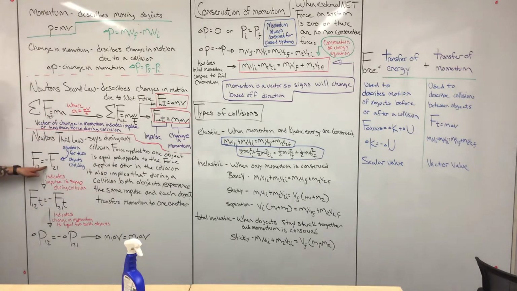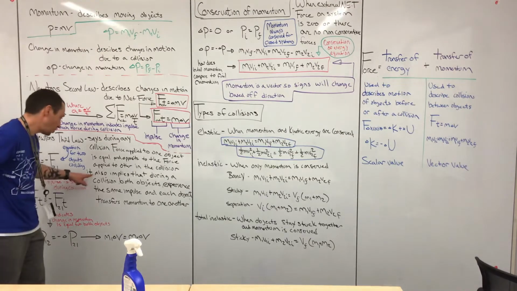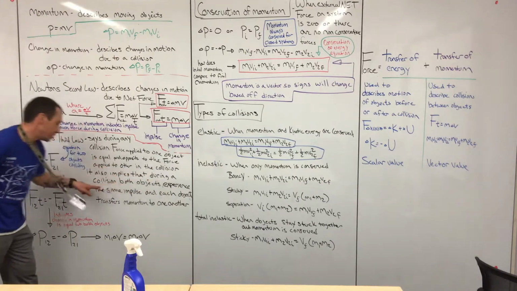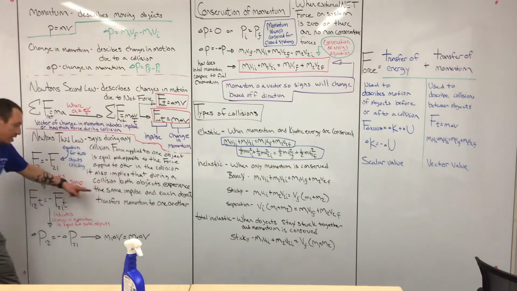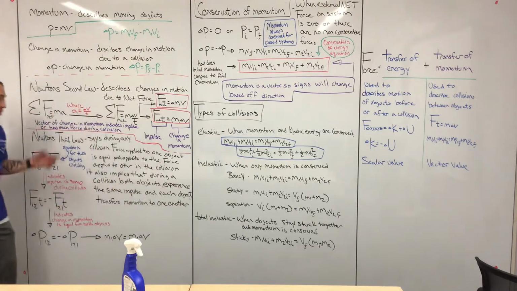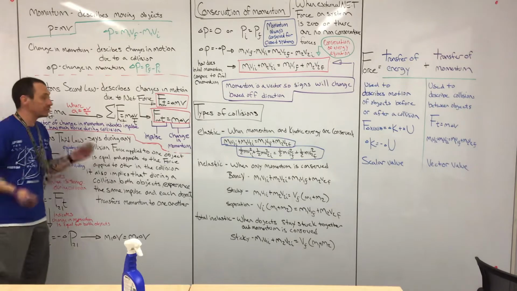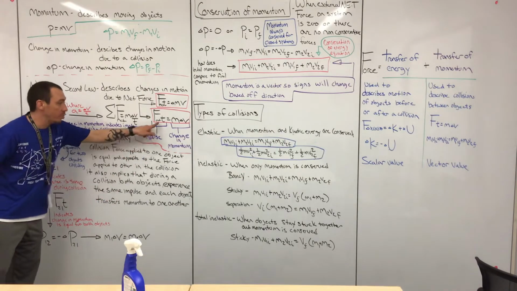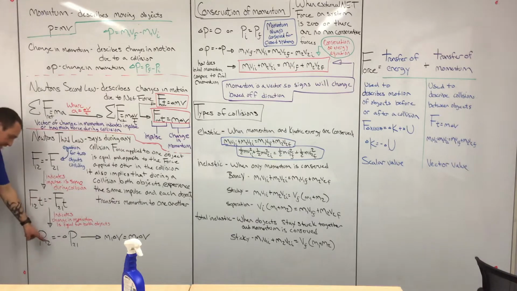That's the first thing we say for Newton's third law. The third law also implies that during a collision, both objects experience the same impulse, and each object transfers momentum to the other. If they're experiencing the same impulse, that means they're experiencing the same changes in momentum.